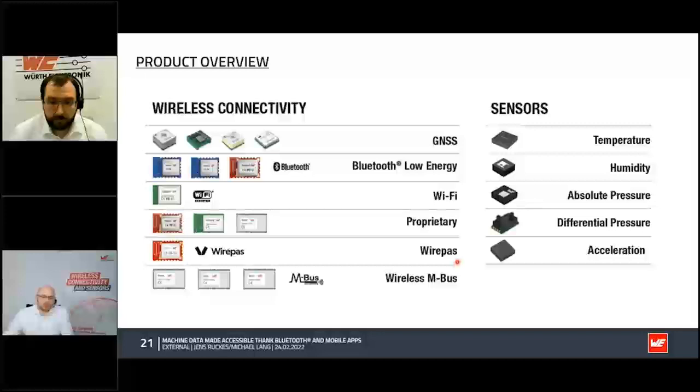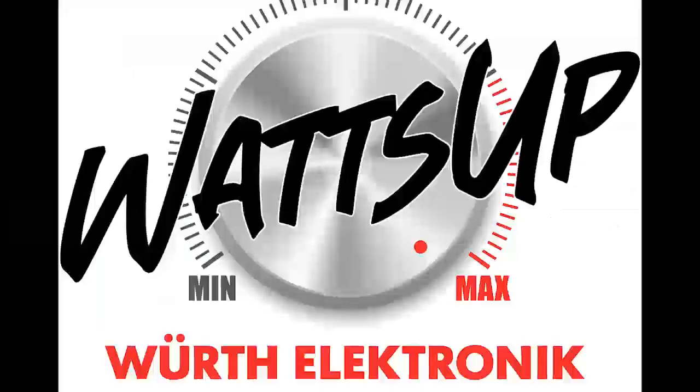Wirepass is a solution for bigger mesh networks, and wireless M-Bus is a metering standard. On the other side, MEMS sensors, which are calibrated and fully compensated for temperature, humidity, absolute and differential pressure, and acceleration. You can find a variety of Bluetooth and Wi-Fi modules available at Würth Electronic online.